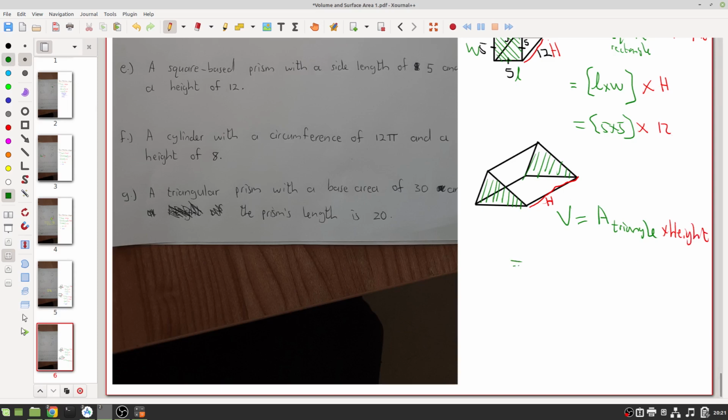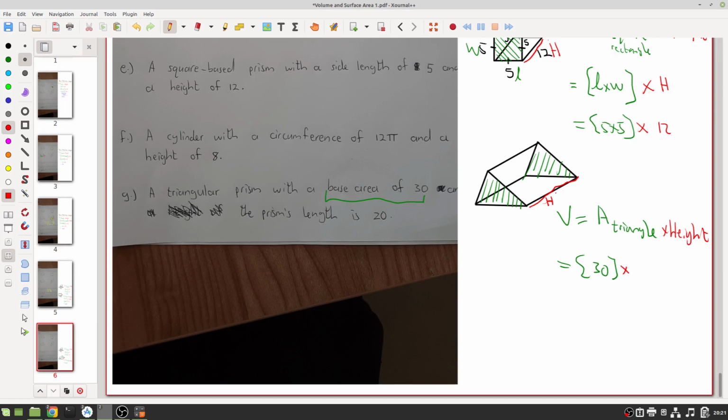The area of a triangle is half times the base times the height, but we don't need any of that. If you came to this spot, you've already done too much, because they tell us what the area of the triangle is. The base area is 30. So the area of the triangle is 30, and we multiply that by the height of the prism.